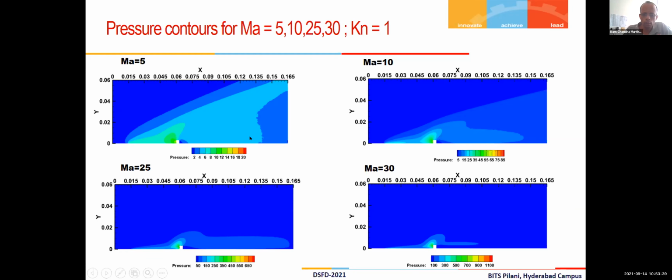Again, please note the maximum pressure varies across the four figures. In the Mach number 30 case, we see the pressure peaks to a value of 1100, and that is seen primarily at the upstream edge of the wall mounted cube, where we have a recirculation stagnation point.